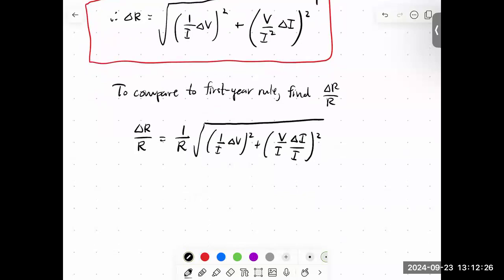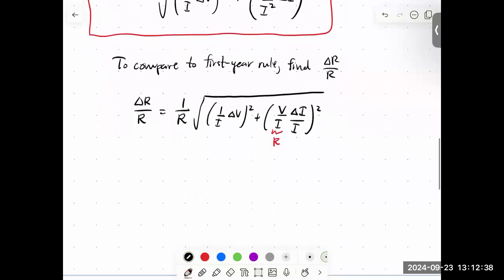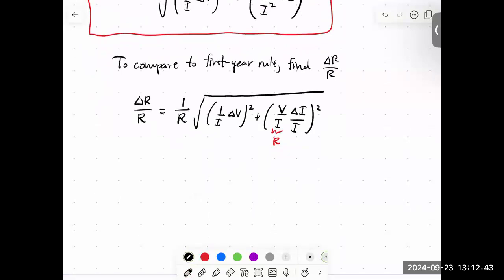But what's this V over I? R, that's just R, right? So that's exactly what it is. This is just R. Okay. Now, the other thing I'm going to do is, when you looked at the first year rule, we had delta R over R was equal to delta V over V plus delta I over I. We've kind of put in a delta I over I here.